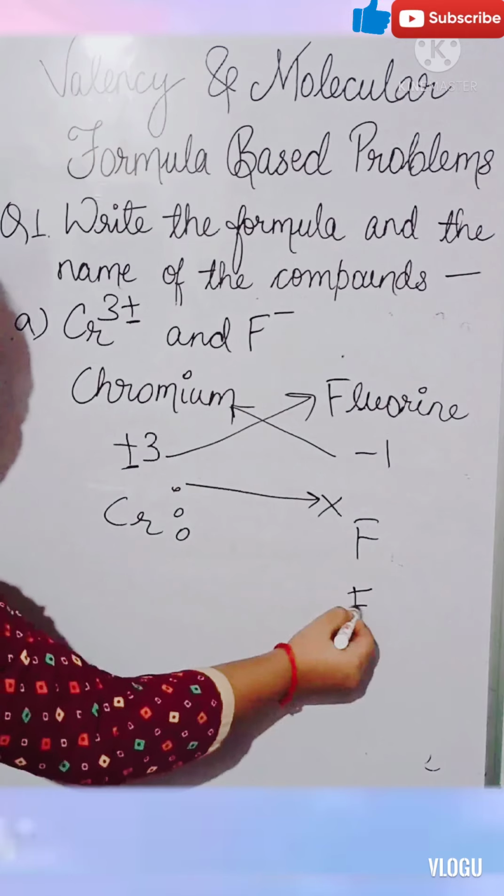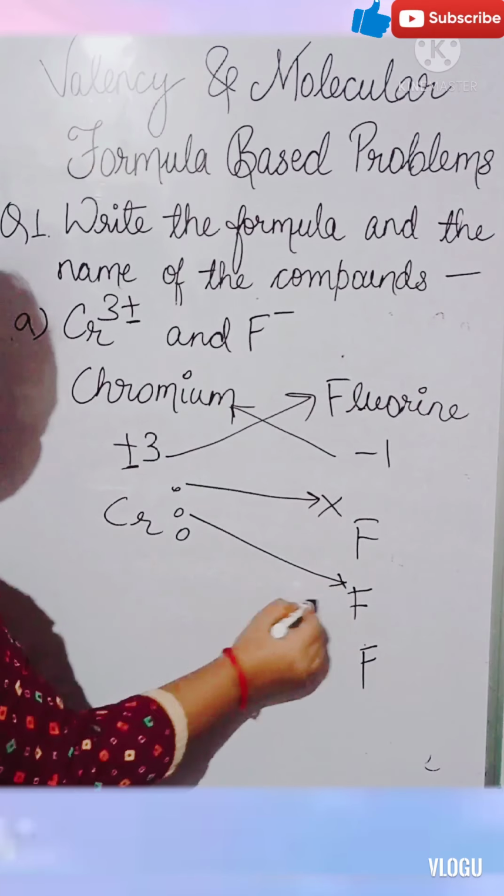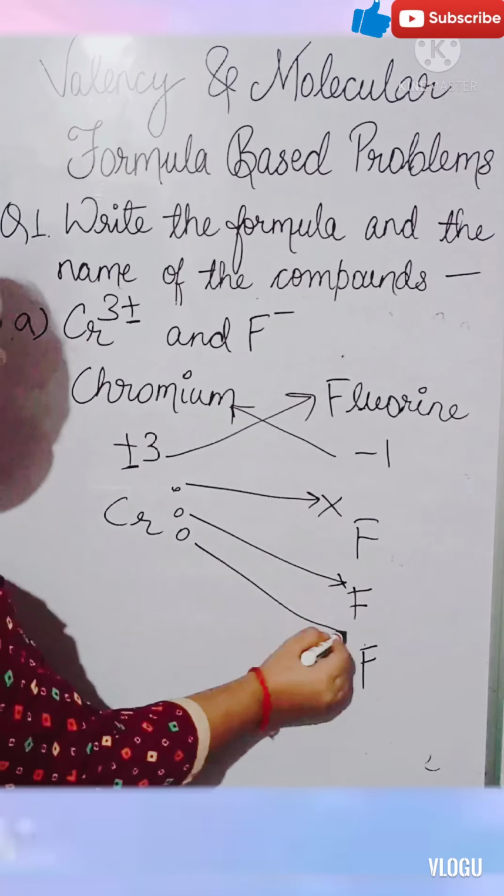Now if we introduce 2 more fluorine, then these 2 electrons will also be balanced, right? So this means that to balance 3 extra electrons, or the 3 outermost electrons of the chromium which are making it unstable, we need here 3 fluorine atoms so that they also can get balanced.